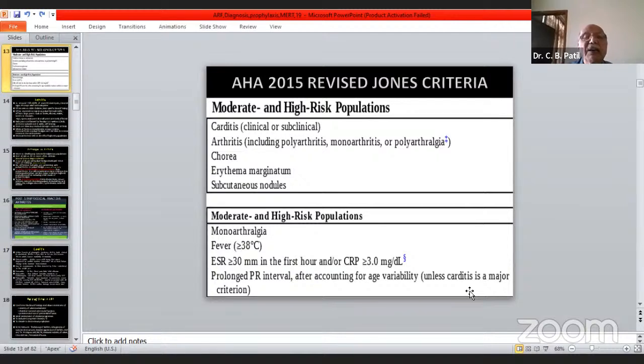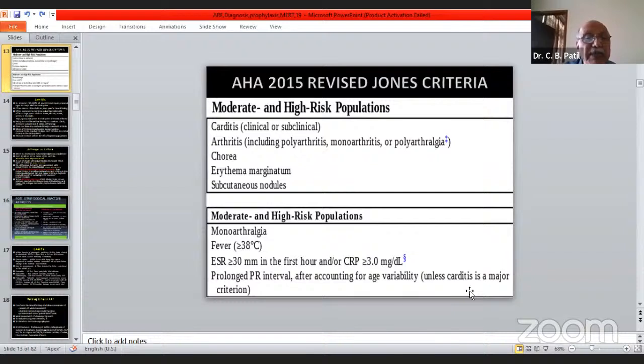Similarly, they have also advised Jones criteria in a moderate to high risk population. Carditis could be clinical or subclinical. Arthritis here could include polyarthritis, monoarthritis, and even polyarthralgia is taken as a major criterion in high risk populations. Chorea, erythema marginatum, and subcutaneous nodules are there.